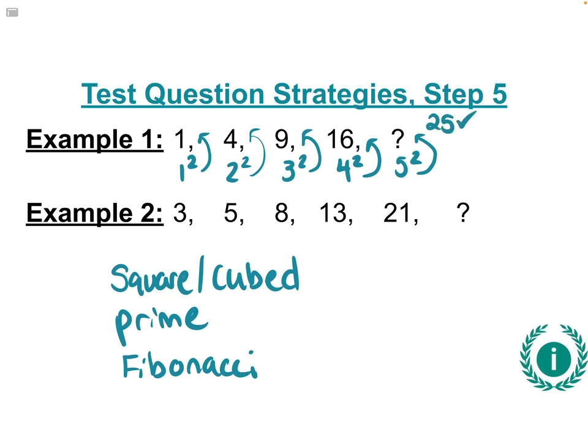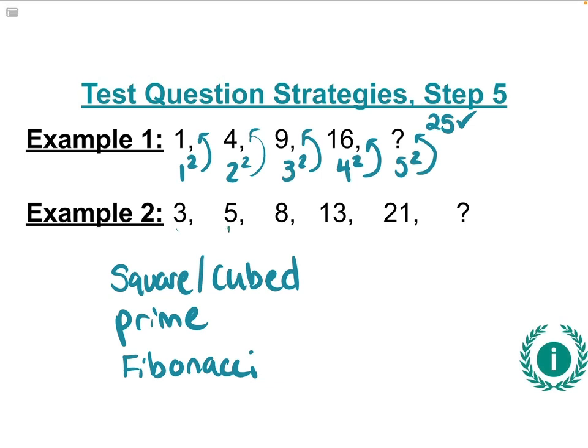For example 2, again, the differences do not follow an arithmetic, geometric, gradual change, or an alternating combined pattern. But what it does follow is the Fibonacci sequence, because each number starting after the first two numbers is made up of the sum of the previous two numbers. So if we take a look at 5 and 3, if we were to add these two together, we would get 8 as our next number.